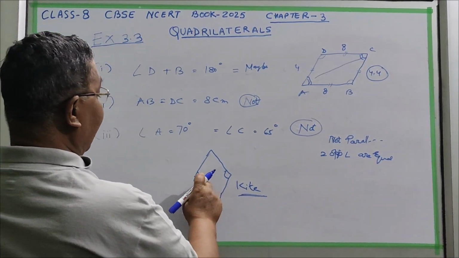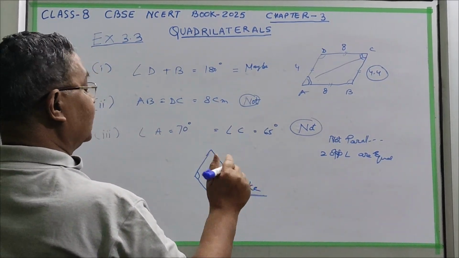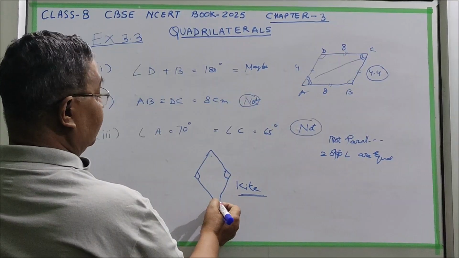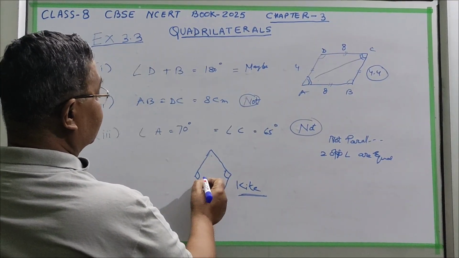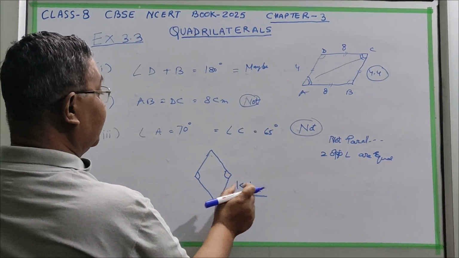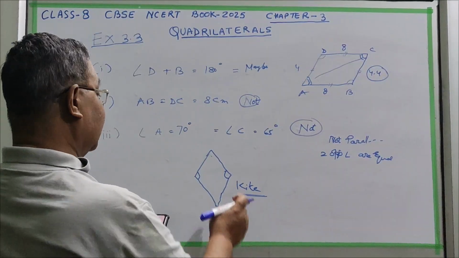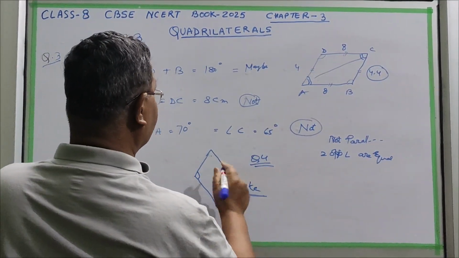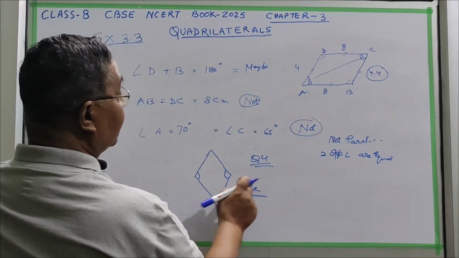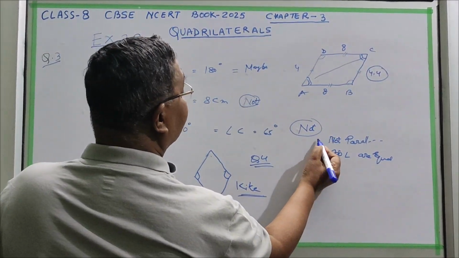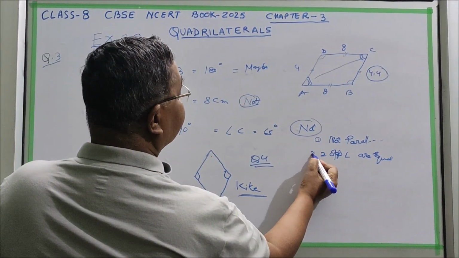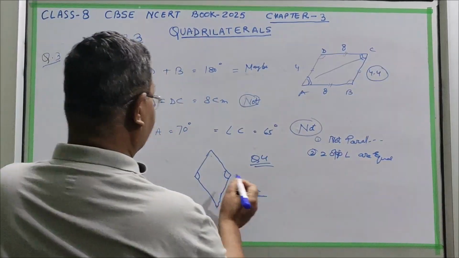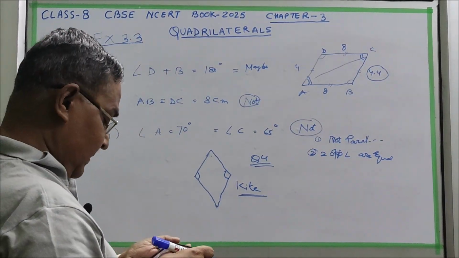In a kite, only two opposite angles are equal; the other two will not be equal. So this will be your answer. Question number 4, you have to draw this and say this is equal, with both conditions. Condition number 1, not a parallelogram. Condition number 2, two opposite angles are equal.